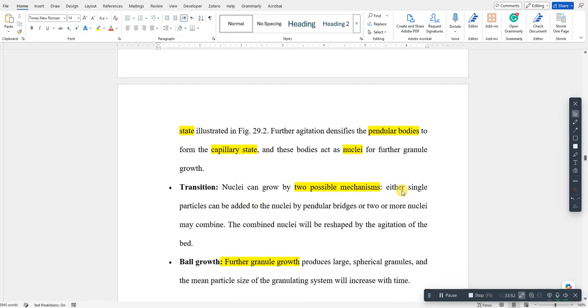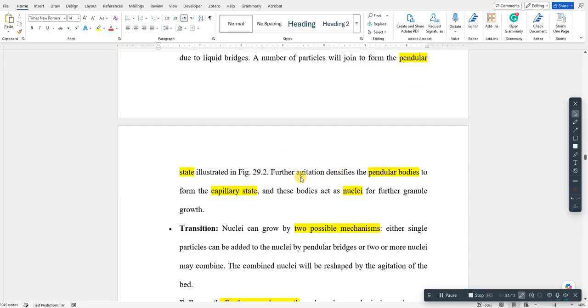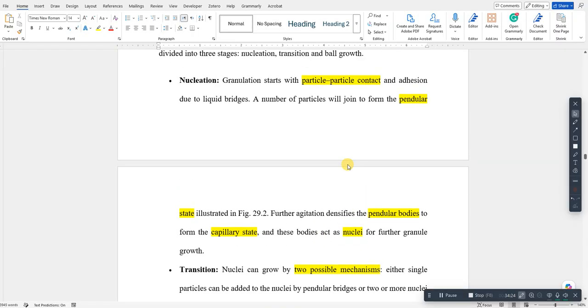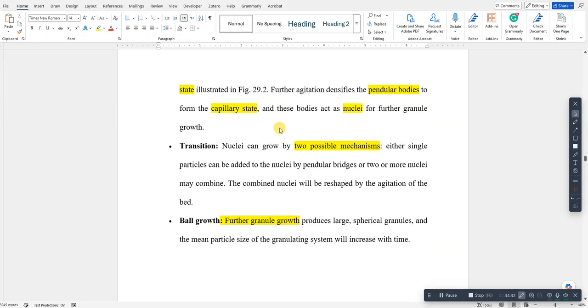Nucleation: when particles come in contact with each other, this can happen in pendular state. And as I said, if you densify the particles, they can go from pendular state to funicular state to capillary state, forming a nucleus. Nuclei will form when you have a few individual particles sticking to each other.